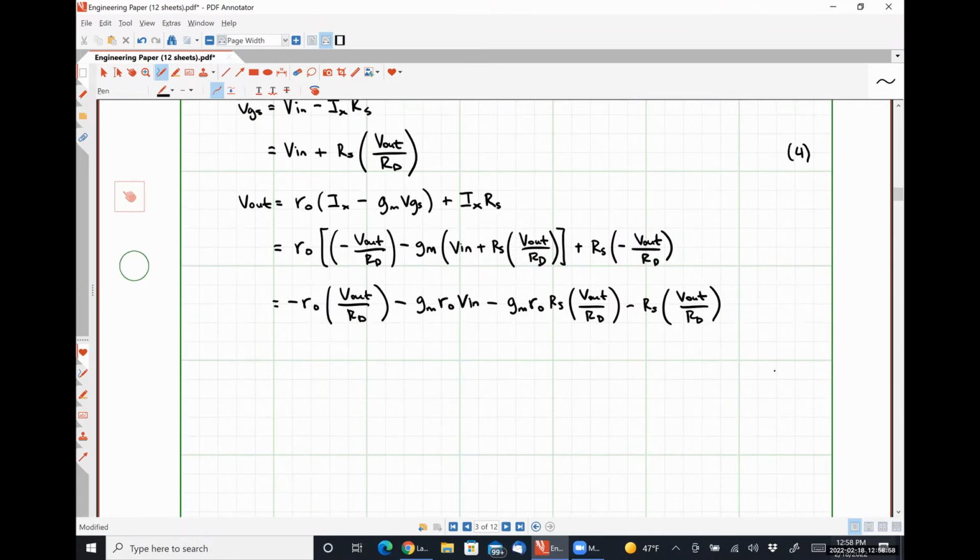And so what that's going to look like is V out plus V out over RD multiplied by R naught plus RS plus GM R naught RS, and that will be equal to negative GM R naught Vn.